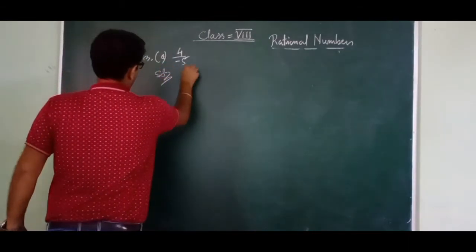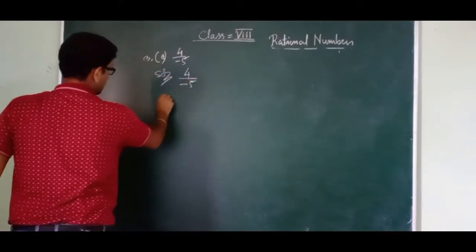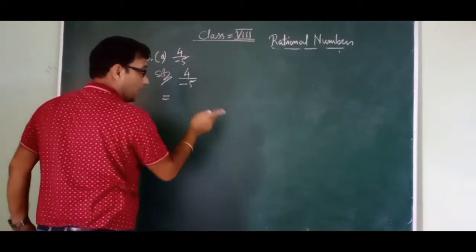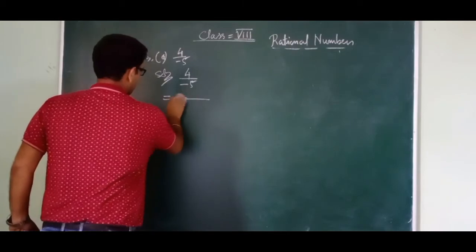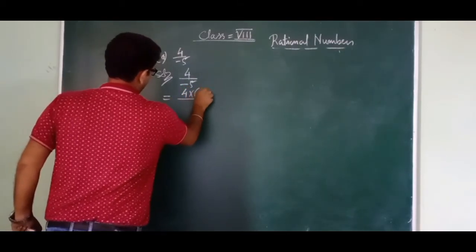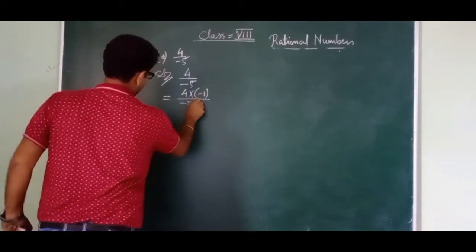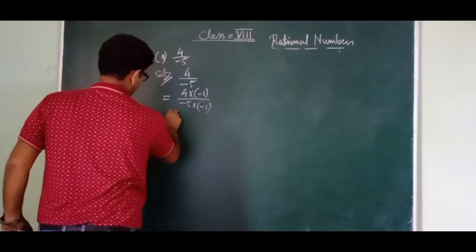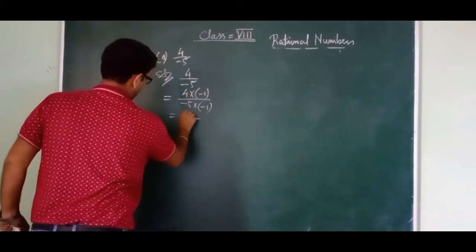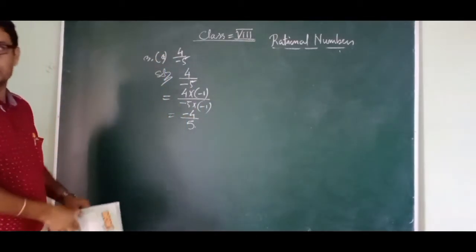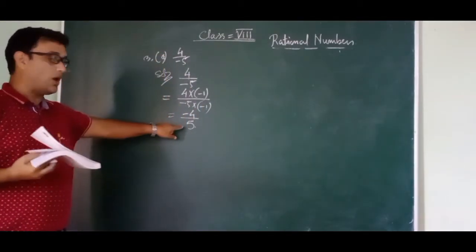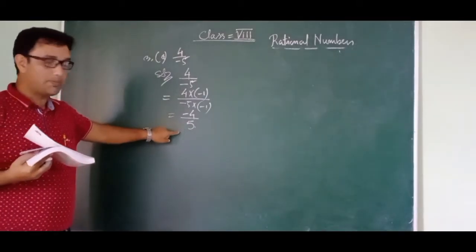You will write 4 by minus 5, and with minus 1 both numerator and denominator you will multiply. That means 4 into minus 1 and minus 5 into minus 1. That means here minus 4, and minus into minus is plus, that means plus 5. Now you see your denominator value is coming positive.